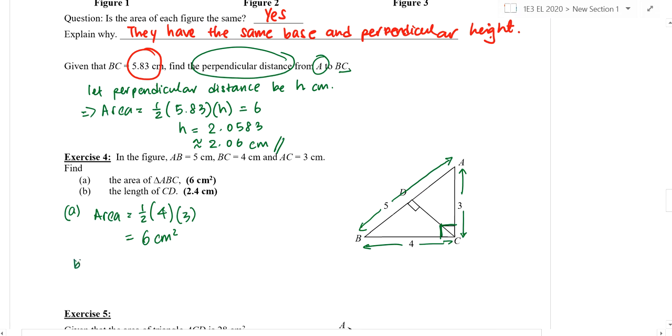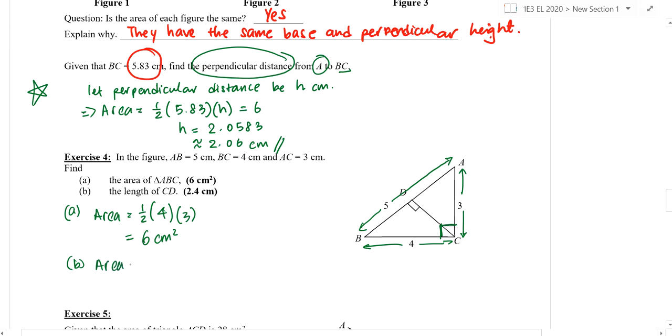So in part B, to find the height of CD, we are going to make use of what we have done in the previous question to find the unknown perpendicular height. Okay, so knowing that this time we are going to let AB be the base.